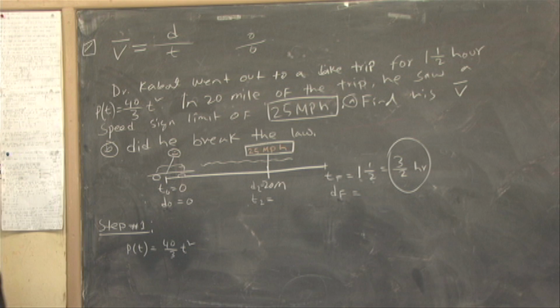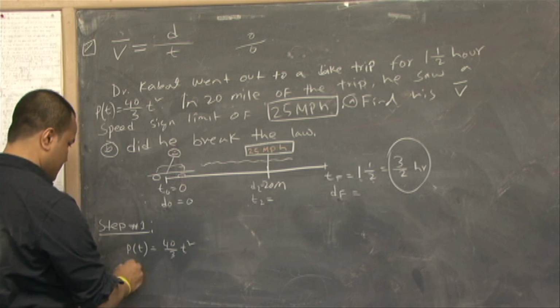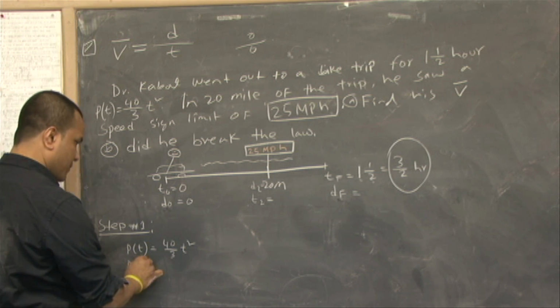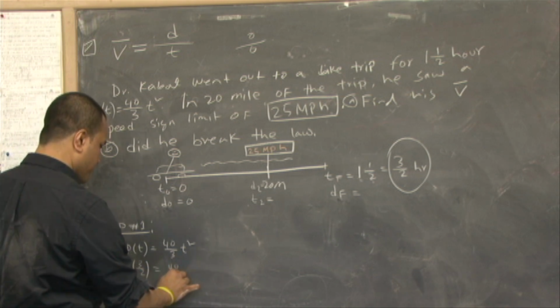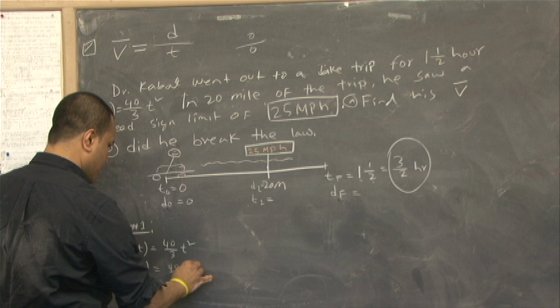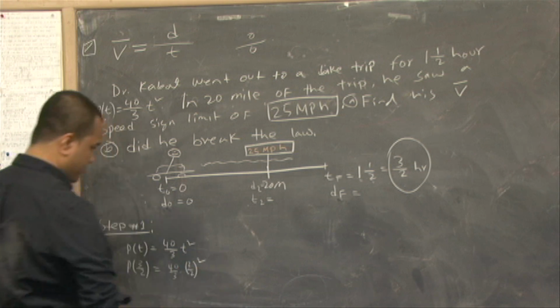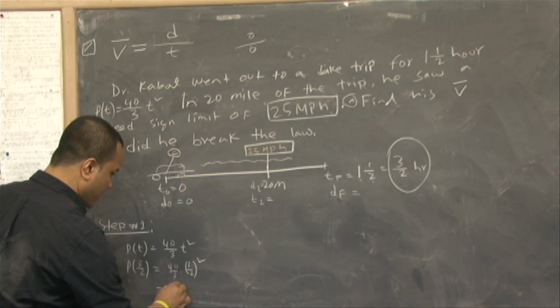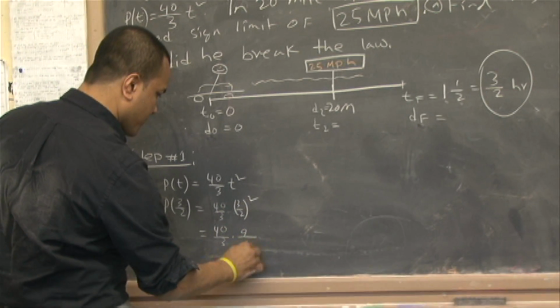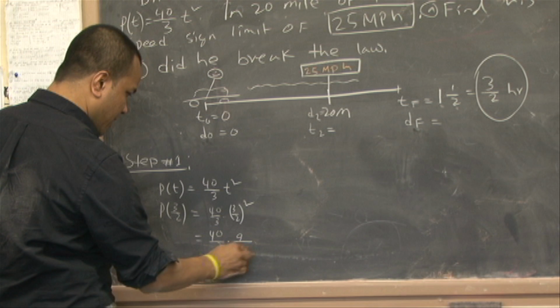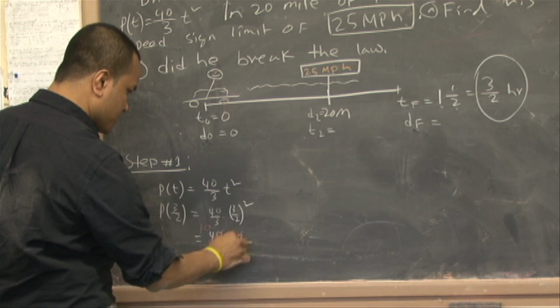So p of 3/2 equals 40/3 times (3/2) squared, which is 40/3 times 9/4. 4 goes into 40 10 times, and 3 goes into 9 3 times.